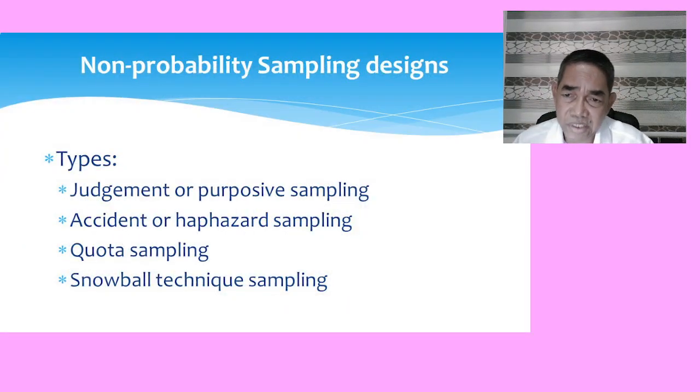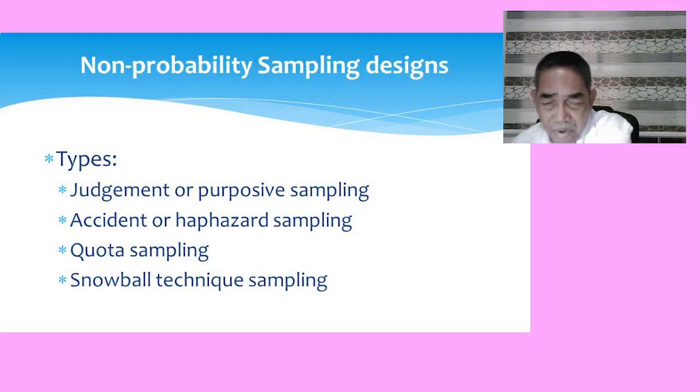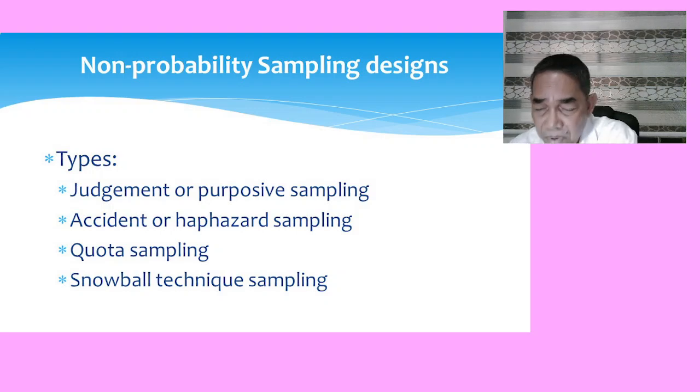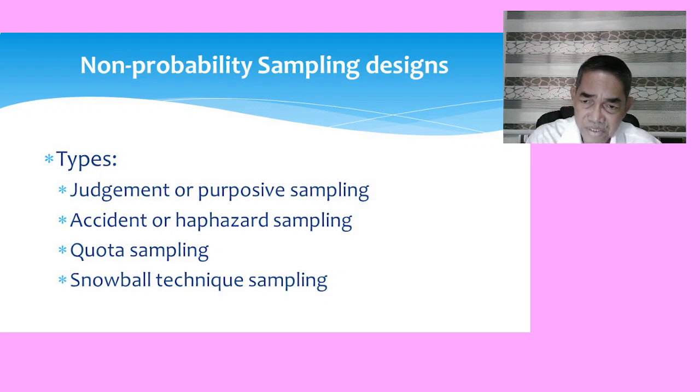Now, in all these non-probability sampling methodologies, we cannot generalize results from samples to population. Let me repeat that. When you do a non-probability sampling methodology, you cannot generalize results from samples to population.